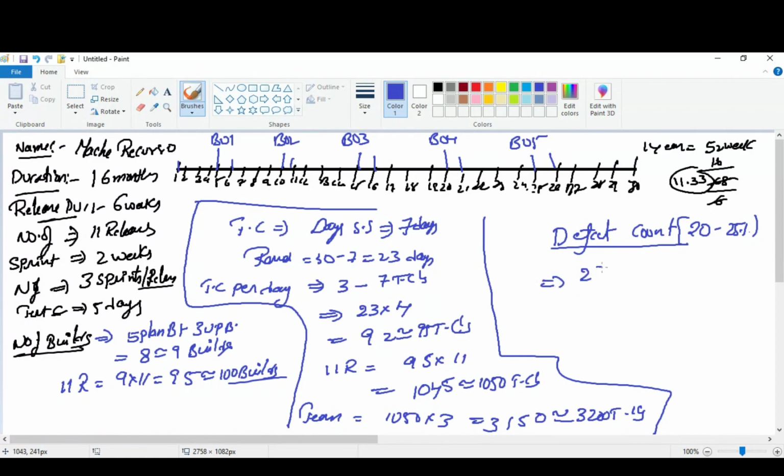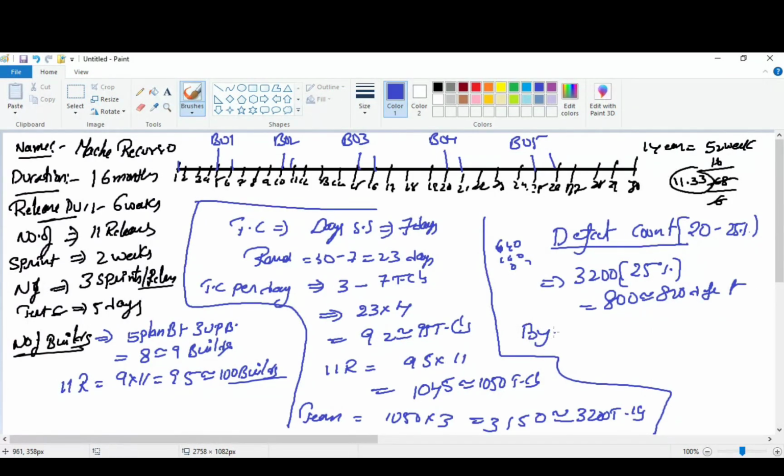So that means 3200, 25%. 10% is 320, so 640, plus 5% is 160. 640 plus 160 is 800. 800 to 820 defects are there in my project.